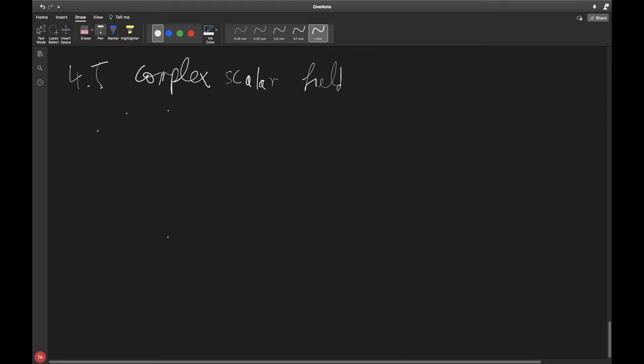For that, we need to say that we have two scalar fields, phi1 and phi2, which are both real scalar fields. This is just like showing that A and B are real. Then from them we can create A plus B times I to be the complex number.